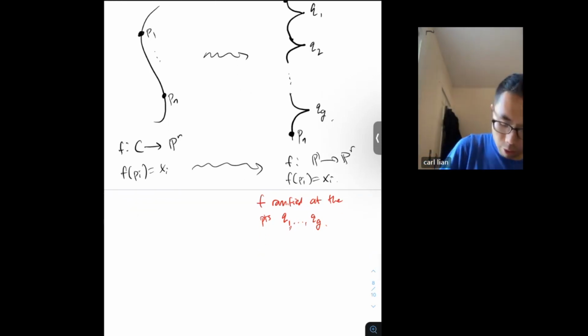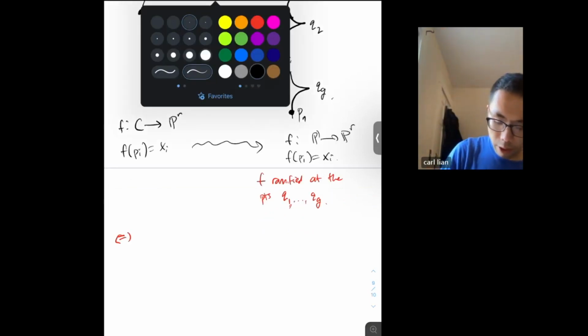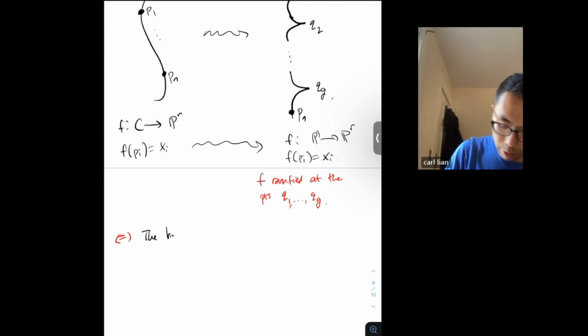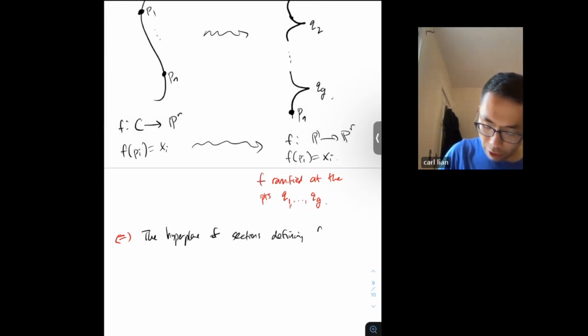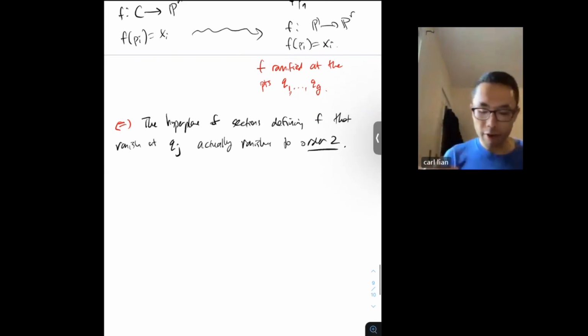So in other words, the hyperplane of sections defining f that vanish at Qj actually vanishes to order 2. This geometric condition is the key one.